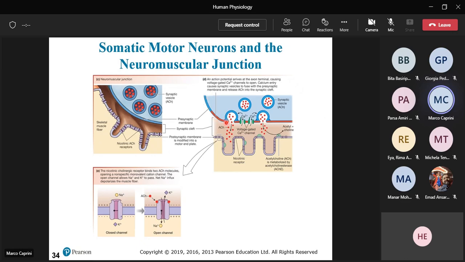You remember that we already analyzed it. Since a lot of voltage-gated calcium channels are present here, they sense the depolarization and they open. Calcium entry causes the synaptic vesicle to fuse with the presynaptic membrane, and the acetylcholine is released in the synaptic cleft.